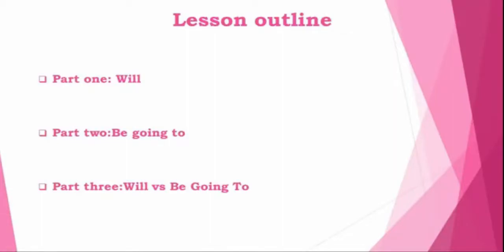The first part will be about will. It's just a review of the form of will. The second part will be about be going to, in terms of form, of course. The last part will be a comparison between will and be going to.